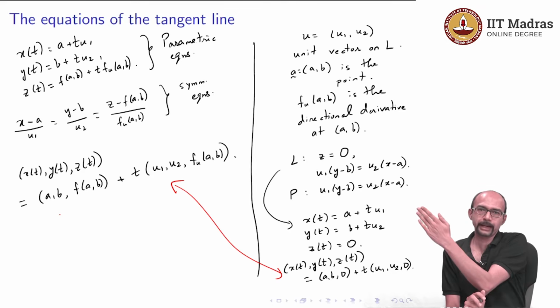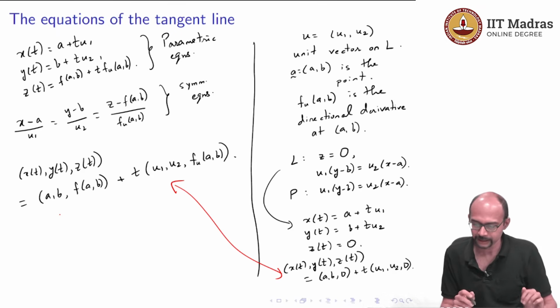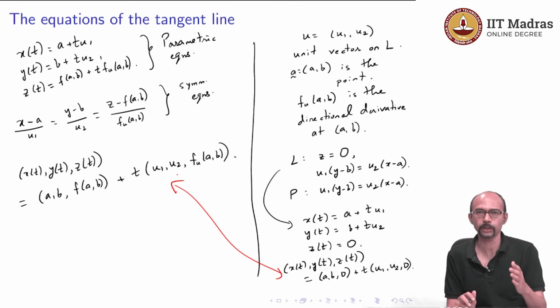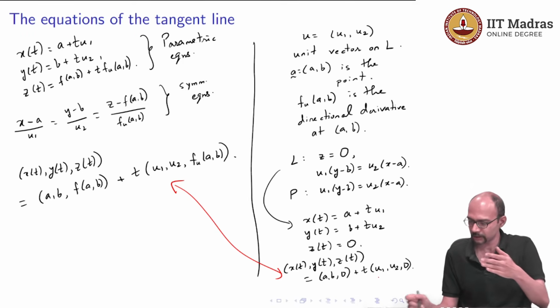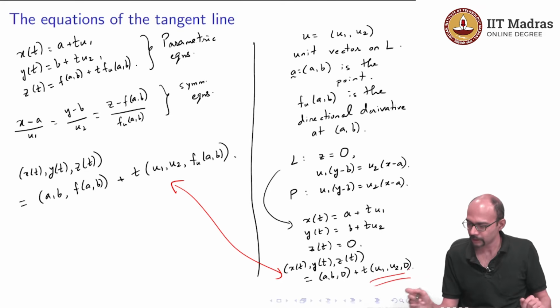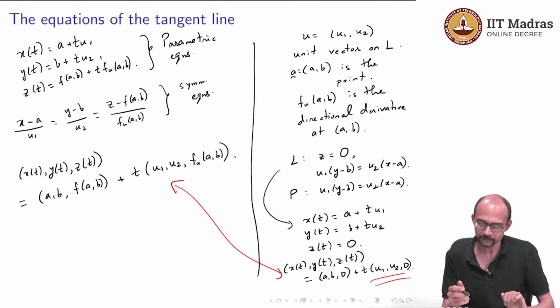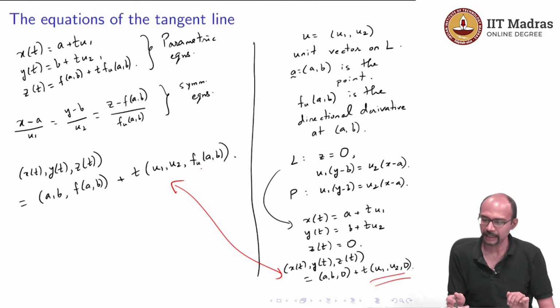And if you translate it back to the origin, what line do you get? You get the line passing through (u1, u2, f_u(a, b)). Why is that? Because the line here was a line passing through (u1, u2, 0), and the line that you have here makes an angle of theta, where tan theta is f_u(a, b).